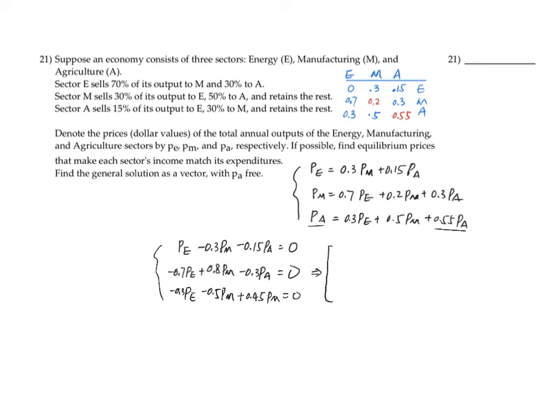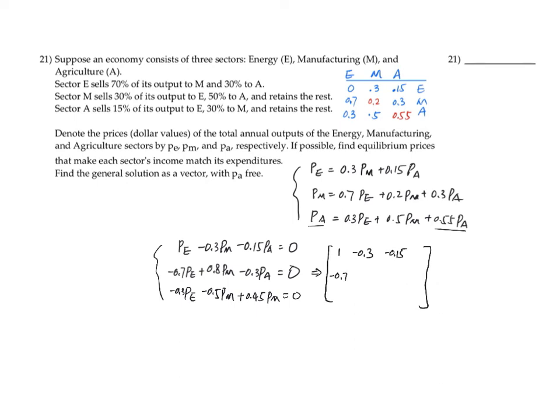And then you can set up a matrix, which is the first row, 1, negative 0.3, negative 0.15. You really don't need to include a last column. The last column is going to be 0 all the time, but you should keep that in mind. So I'm going to just keep these three columns.